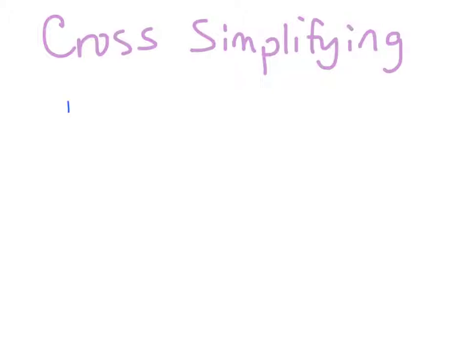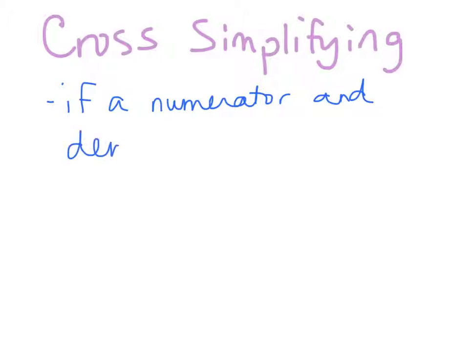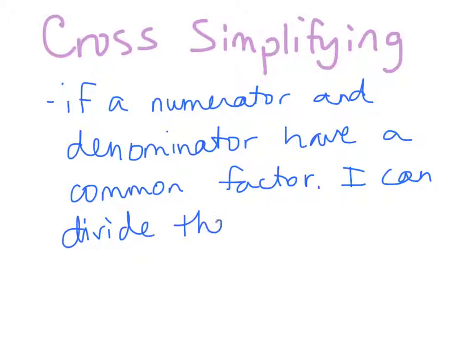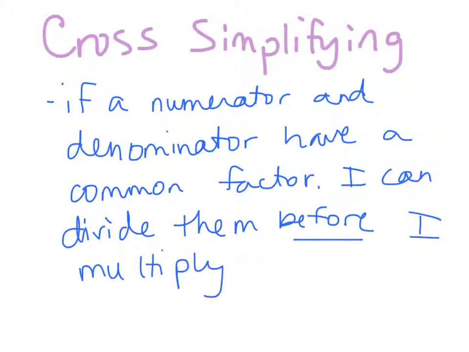Cross-simplifying is that if a numerator and denominator, doesn't matter if the same fraction or different, have a common factor, I can divide them before I multiply. And that'll help me to not have as much simplifying to do in the end.